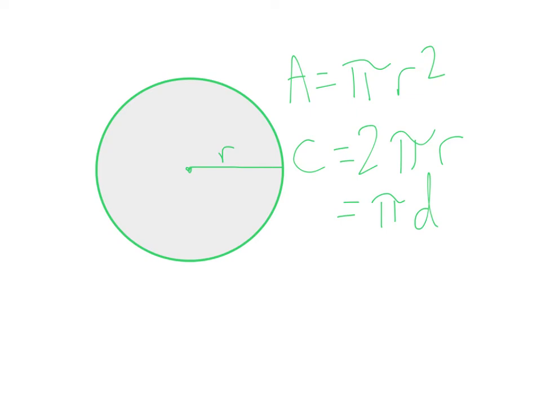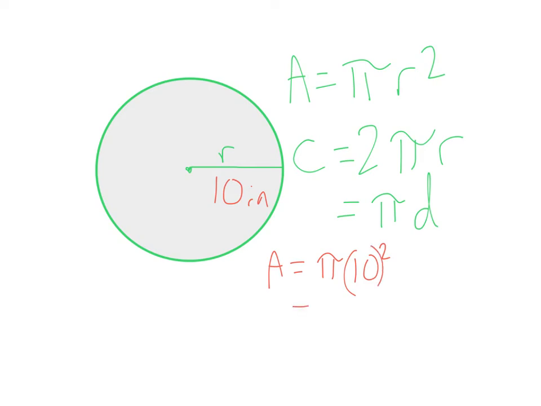Well, let's say my radius is 10 inches. We can do inches again. Okay. It's got a 10-inch radius. Well, my area is going to equal pi times 10 squared. I always like to put what I'm squaring in parentheses.